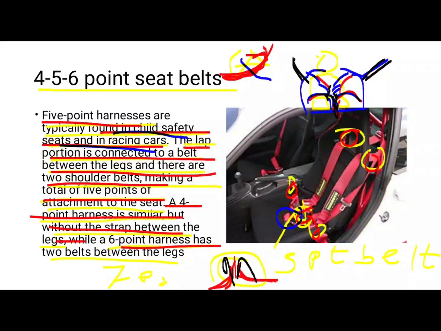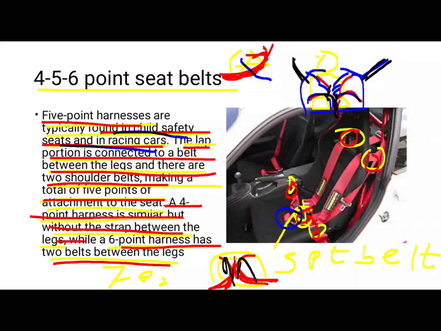Similarly, in the 5-point belt 1 strap is provided between the 2 legs, but in the 6-point belt 2 straps are provided between the 2 legs. That's why it is used in fast cars, that is racing cars, and in many other applications like fighter jets, etc.